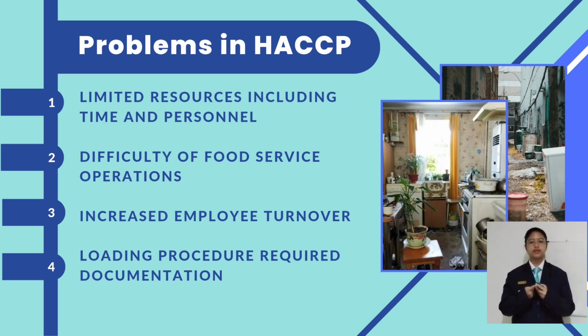First is limited resources, including time and personnel. The second is the difficulty of food service operation. The third is increased employee turnover, so that they couldn't find an effective and efficient way to increase employees. And the last one is lengthy procedures that require documentation.